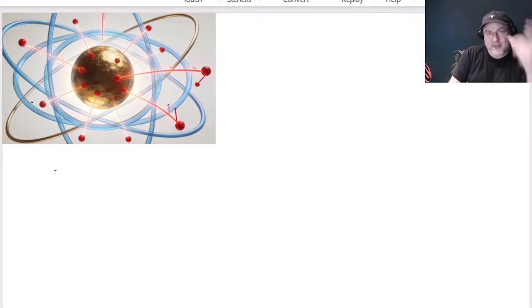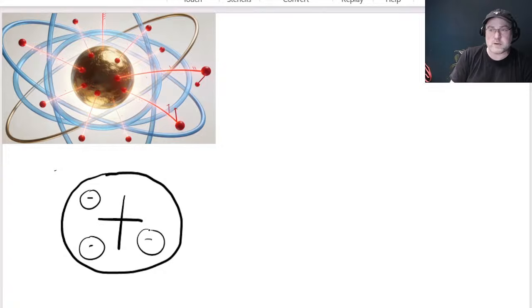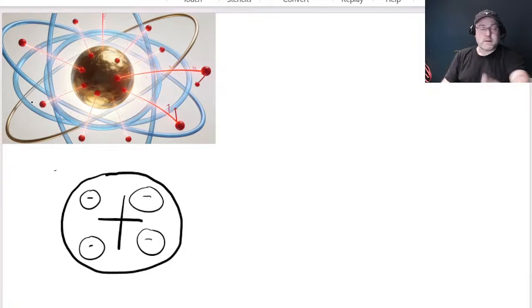Make sure you know how to describe the plum pudding. If I said to you, how do you describe the plum pudding model? What would you say? Because that has come up several times for 2 marks. What is the plum pudding model? And you should be able to say it's a sphere or ball of positive charge with electrons embedded throughout.